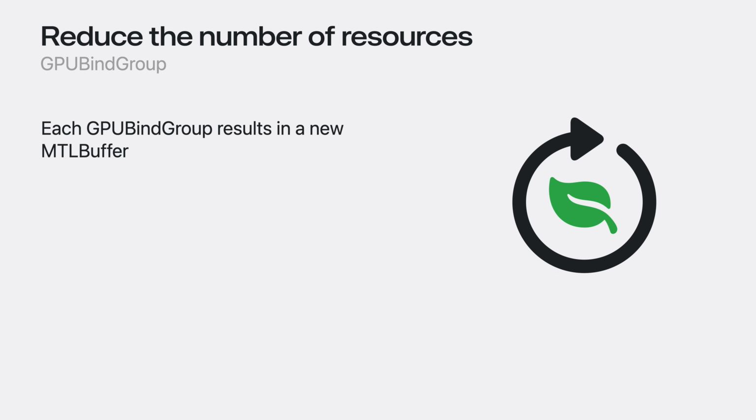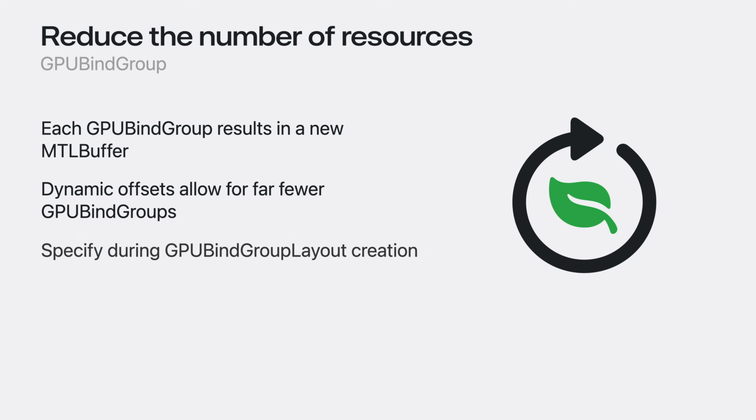They are implemented with Metal argument buffers, so creating a bind group also creates a new Metal buffer. By using dynamic offsets, a single bind group which shares the same layout but uses different resources at runtime can be created. To use dynamic offsets, a custom bind group layout must be created instead of using an auto layout from the shader module.